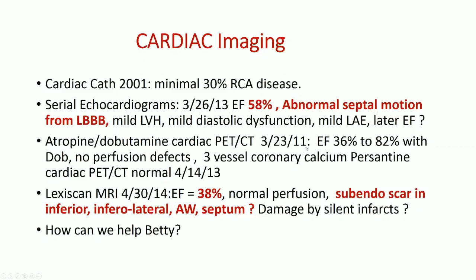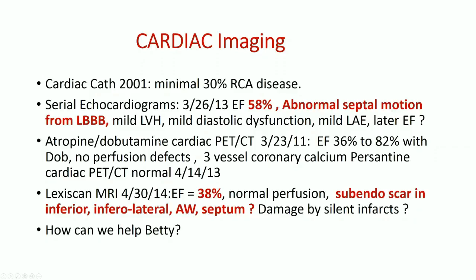Before that, 2011. And then in 2000, she had a 3-vessel coronary calcification on the CT for attenuation correction of the PET scan. And of course, we wouldn't use atropine dobutamine if she had a left bundle, because that basically makes the septum become even more ischemic because of the change in contractility.